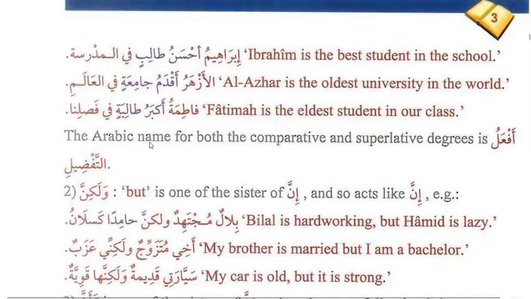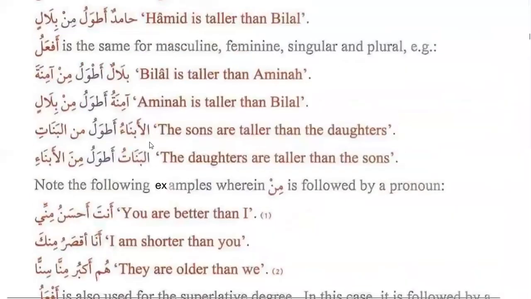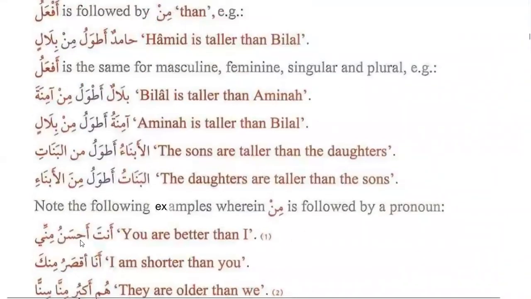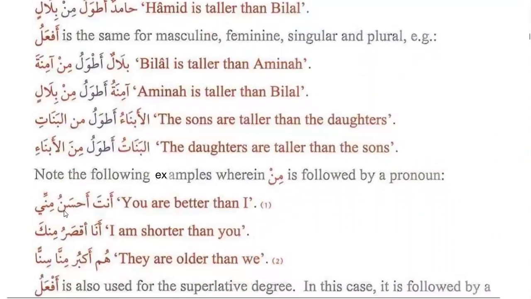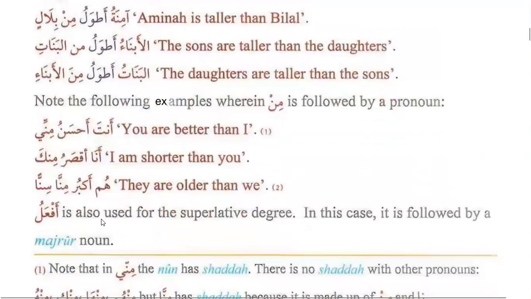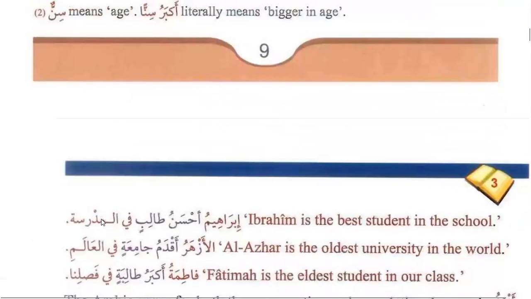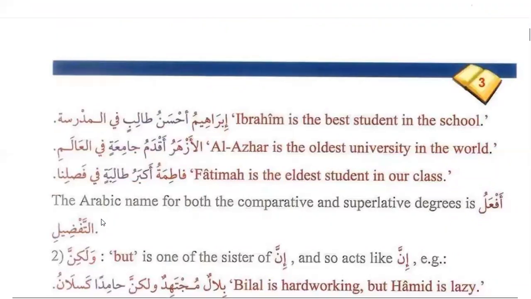So here ahsanu, aqdamu, akbaru are representing superlative degree because after them there is a mudaf ilayh. Here these words atwalu, ahsanu, aksaru, akbaru are representing comparative degree because after them there is a harf jar min. So this is the difference between comparative and superlative degree in Arabic.